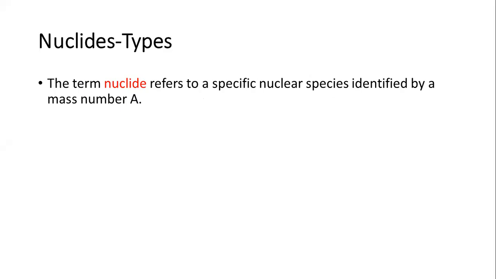That means if there is a carbon with atomic number 6, then it must be carbon, or if you say it is carbon, the atomic number must be 6. But in nuclear chemistry, the mass number is also very important and you can differentiate with respect to the mass number. And today we are going to describe the different types of nuclides.